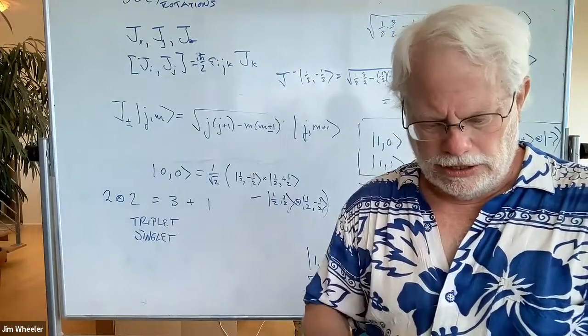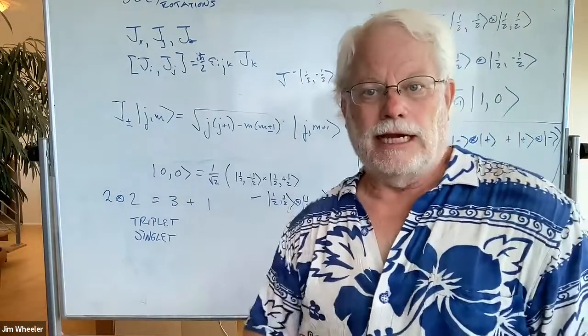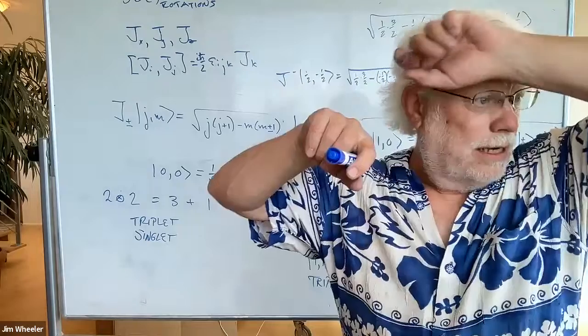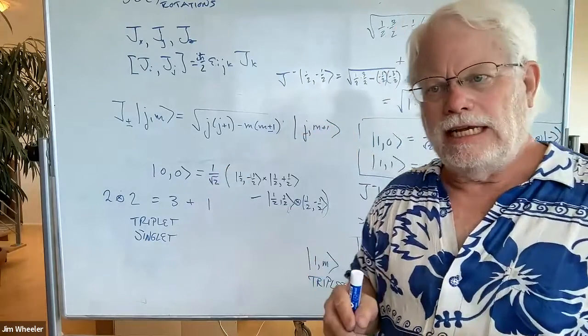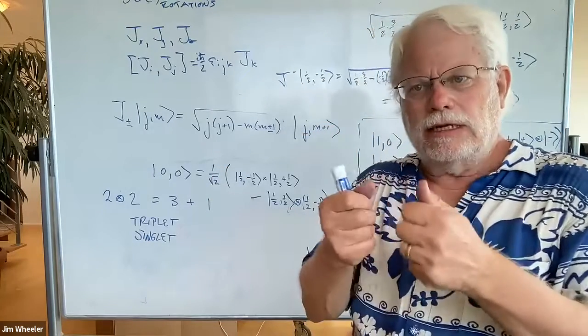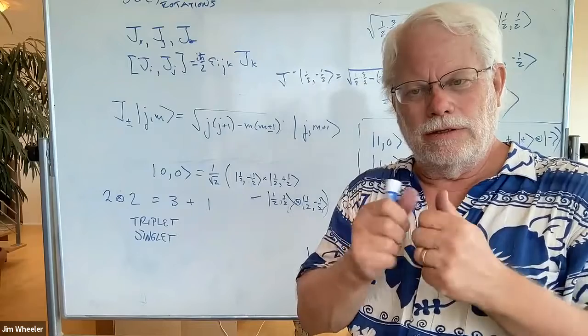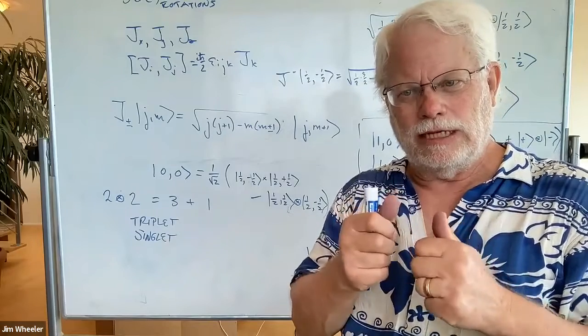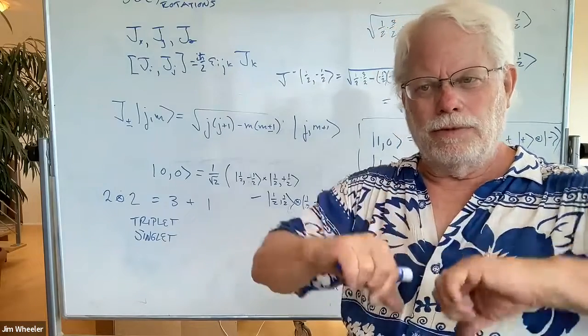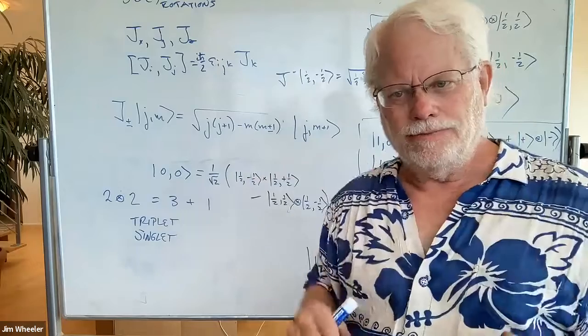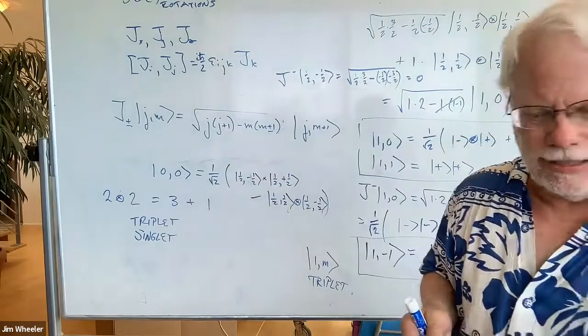These are 2 states of the helium atom, where in one state it's a symmetric combination of the 2 electron spins, either both up or both down or opposite. It's a totally symmetric state.